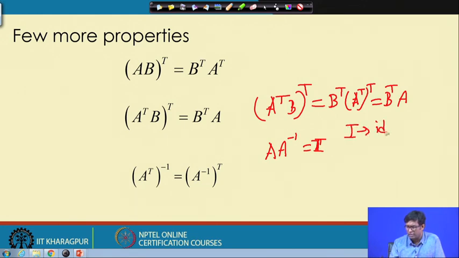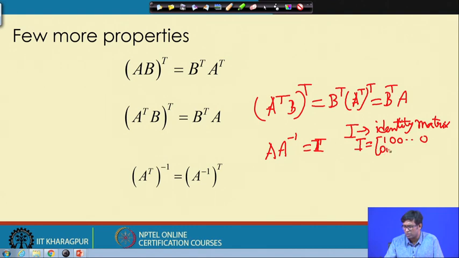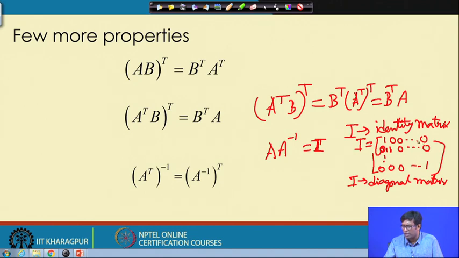I is the identity matrix, of the form 1 0 0 0, 0 1 0, going up to 0 0 0 1. This is a diagonal matrix. So I is a diagonal matrix, and therefore all the terms Iij are equal to Iji, it is also a symmetric matrix.